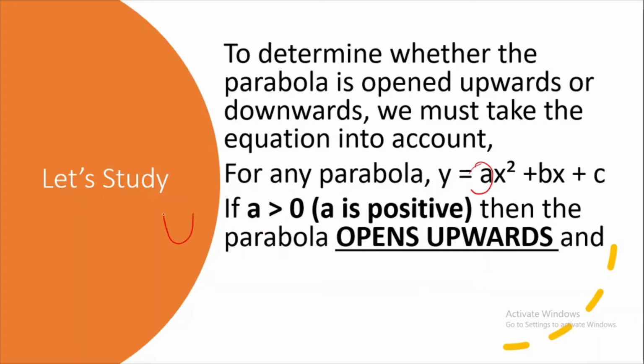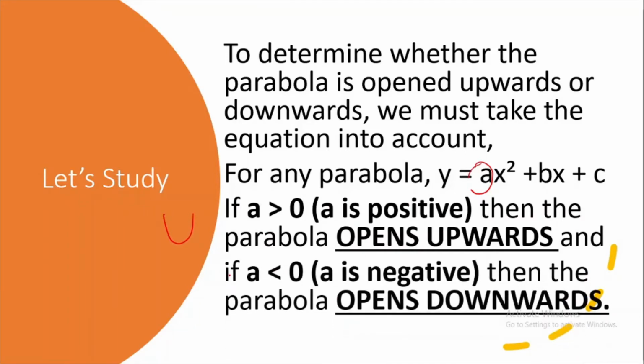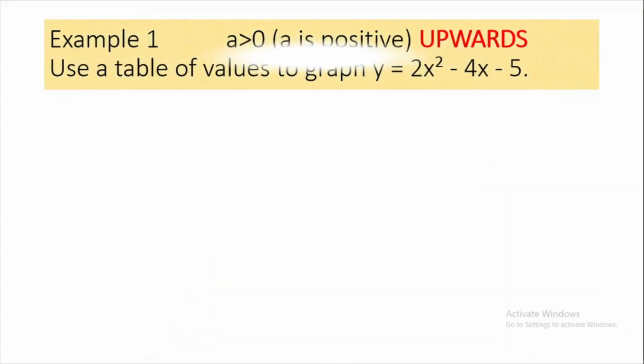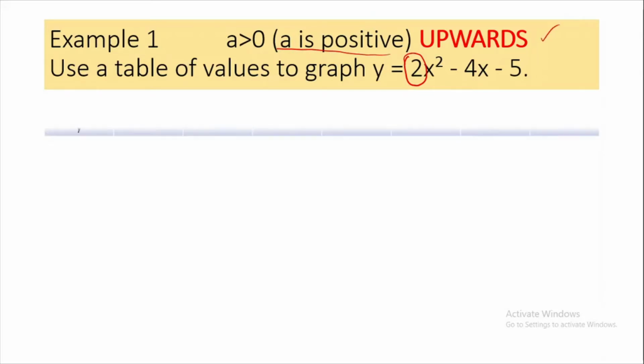If a is less than 0, meaning a is negative, then the parabola opens downward. Let's have an example wherein a is 2. A is positive, so our parabola should open upward.